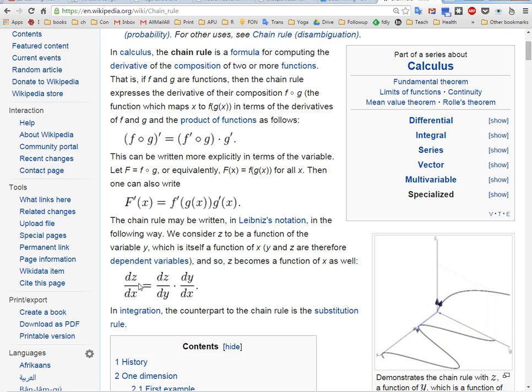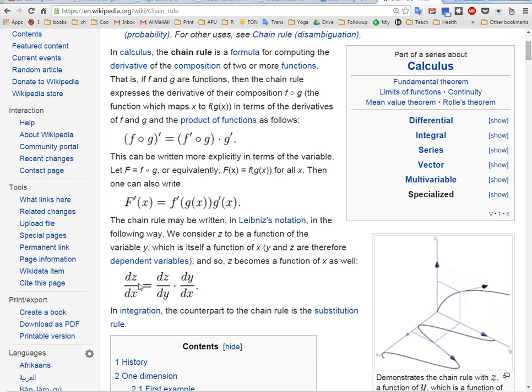Right? So our question is this. We know that when we change y, we can ask how does z change, but we want to ask, when we change x, how does z change? And the answer is going to be like this.